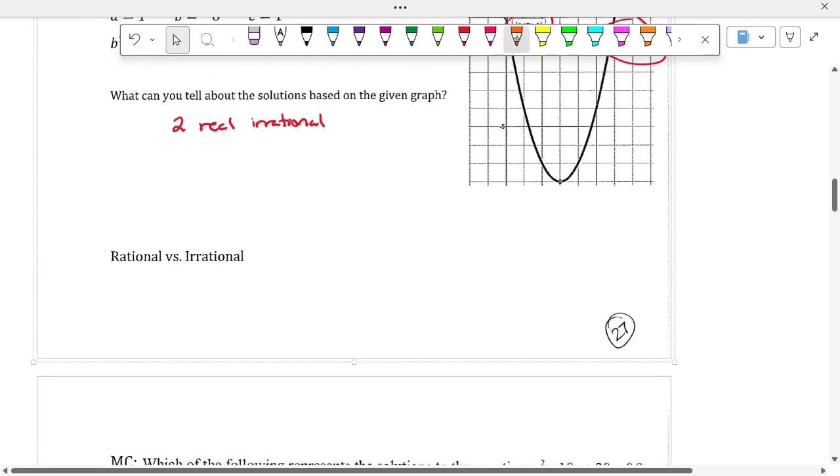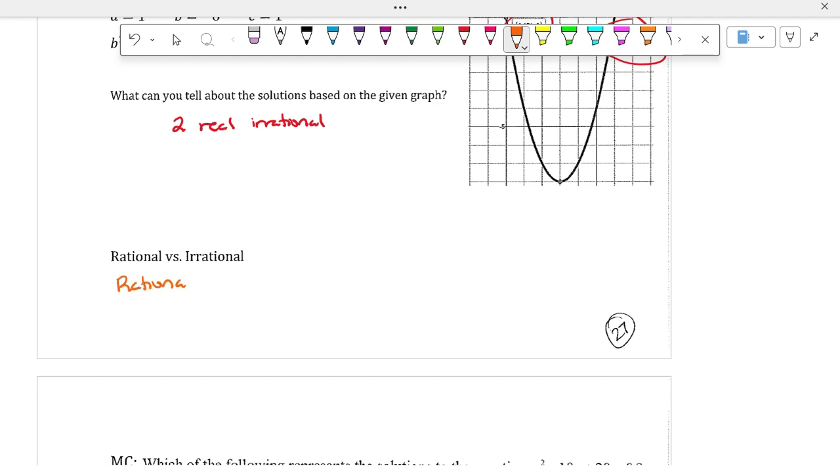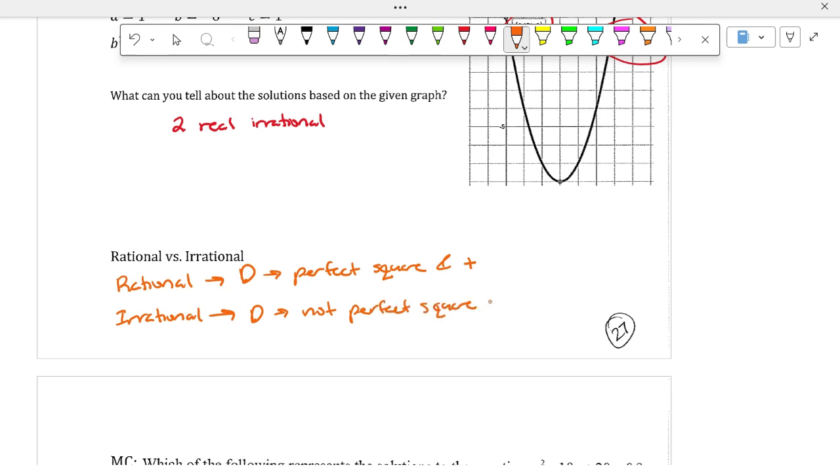So again, rational versus irrational. Rational: your discriminant is a perfect square and positive. Irrational: your discriminant is not a perfect square, but it is still positive.